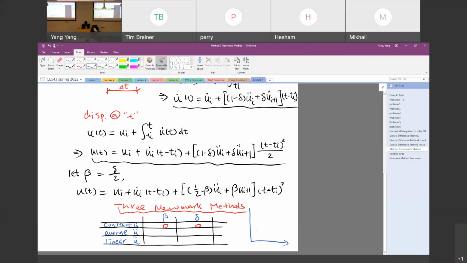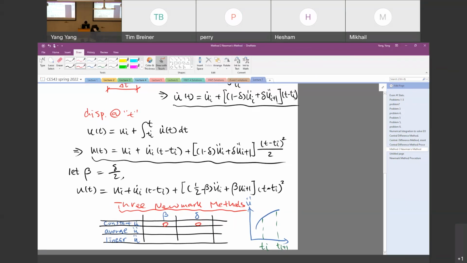So this is the actual acceleration, and we have t i and t i plus 1. If you use the constant acceleration, this is method one.